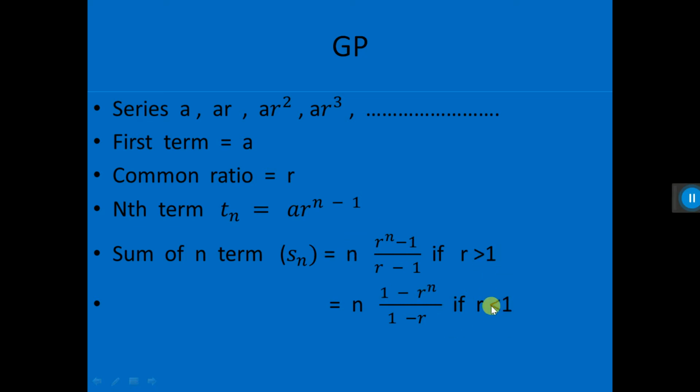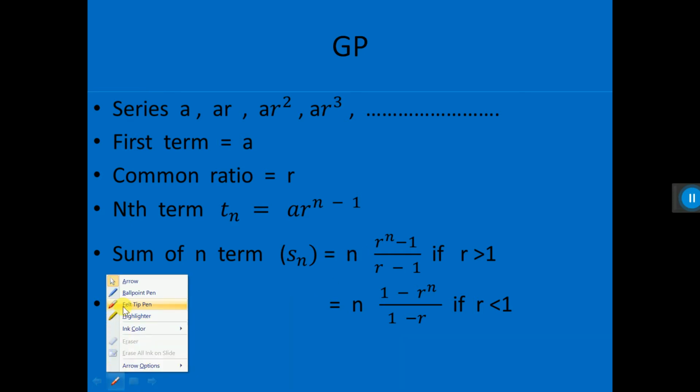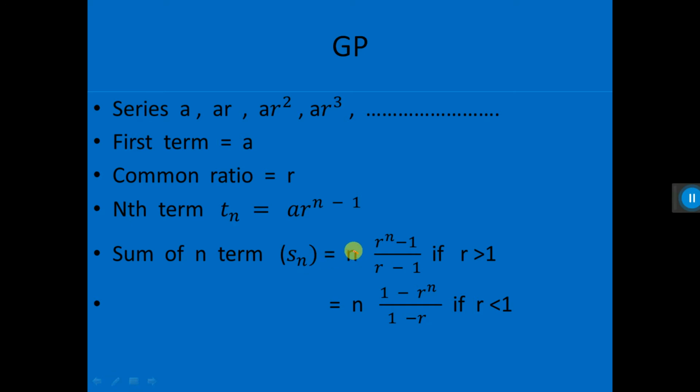And if r is less than 1, then the formula will be a into 1 minus r to the power n by 1 minus r.